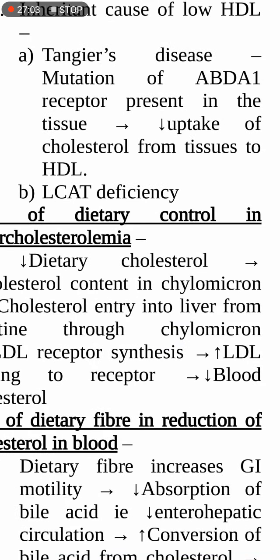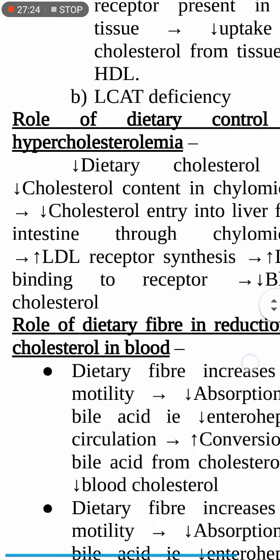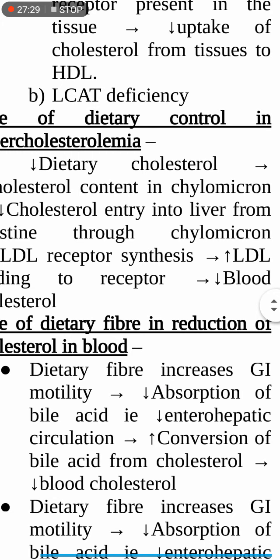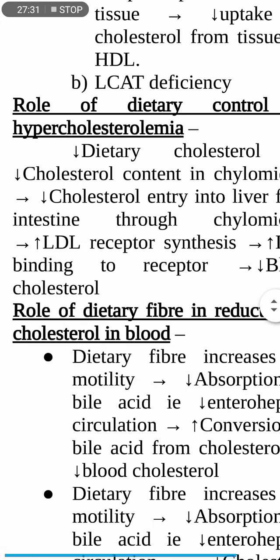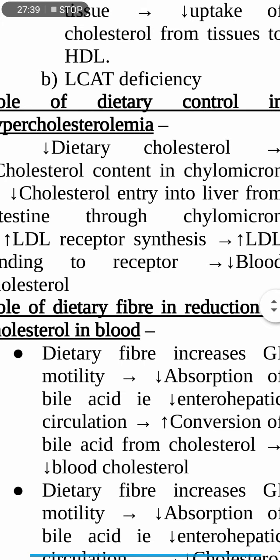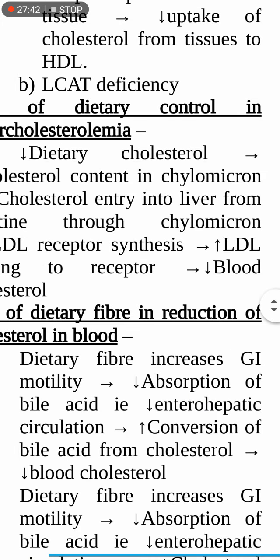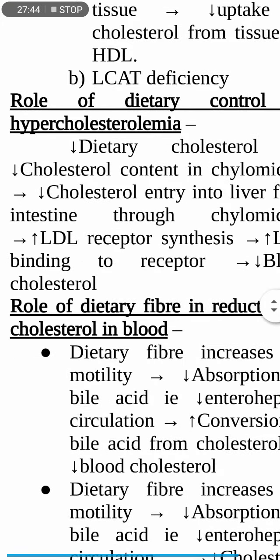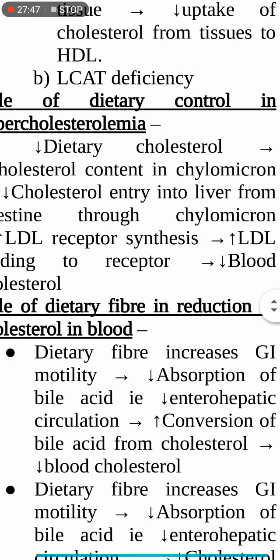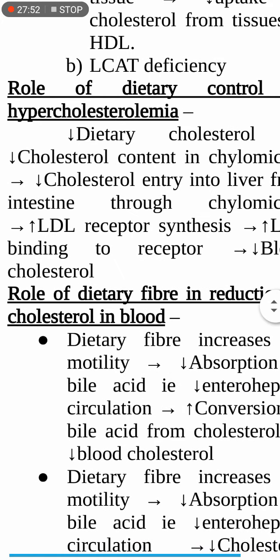If you take decreased dietary cholesterol, that leads to decreased cholesterol content in the chylomicron, that leads to decreased cholesterol entry into the liver from the intestine through the chylomicron, that helps in increased LDL receptor synthesis, and that leads to increased LDL binding to the receptor, and ultimately causes decreased blood cholesterol level.